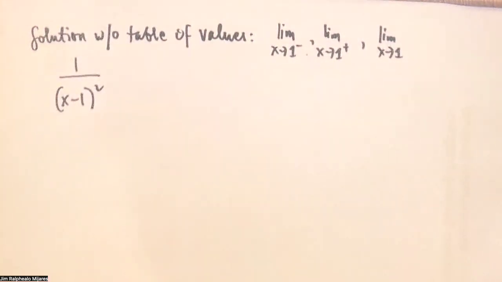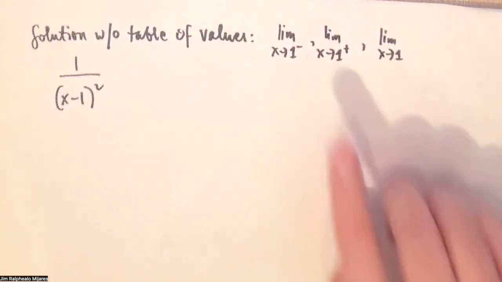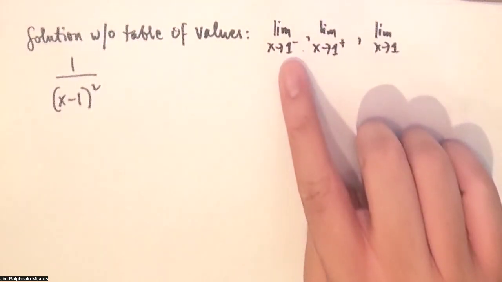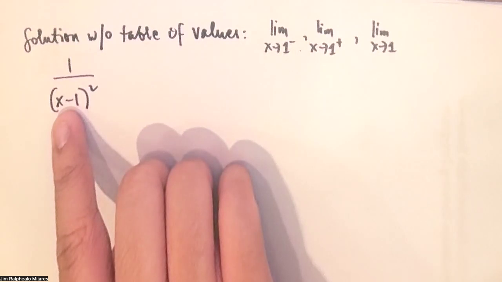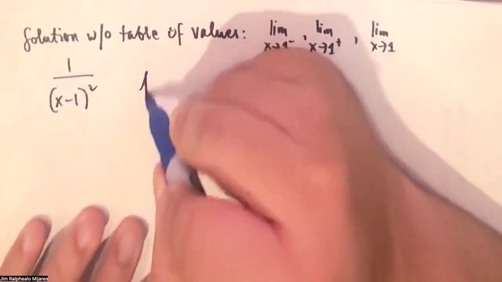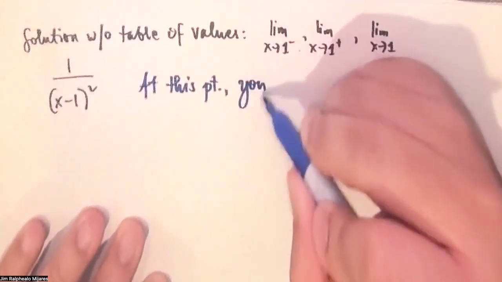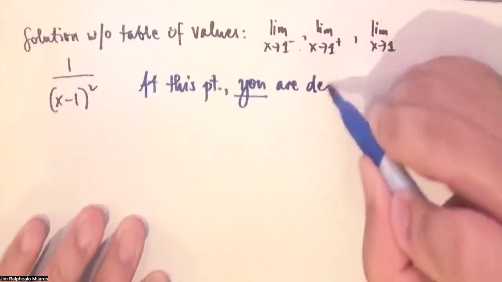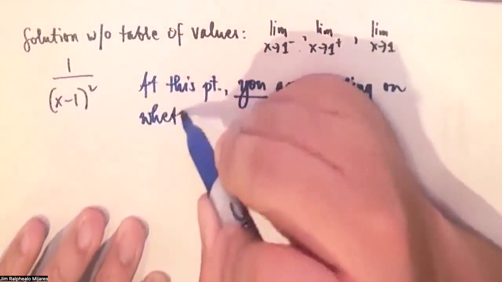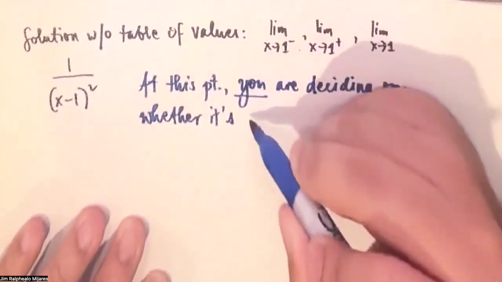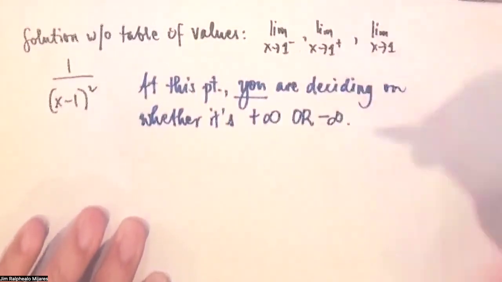At this point, if you see a 1 here, and if you try to substitute, you're going to get an infinity. So you look at where the limit is going to, and you try to substitute that, and you get infinity. At this point, you are deciding on whether it's positive infinity or negative infinity.